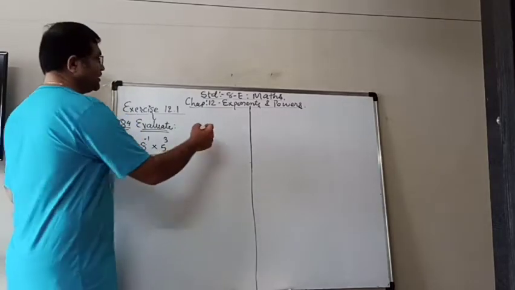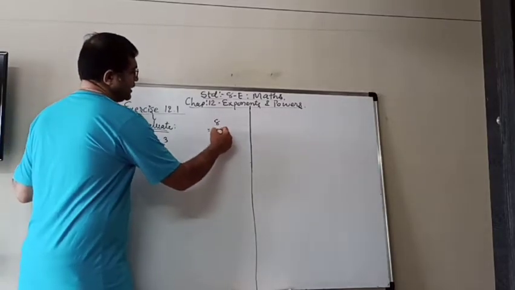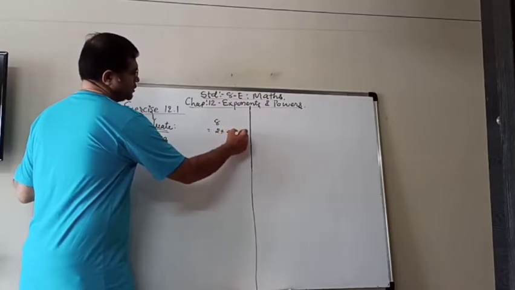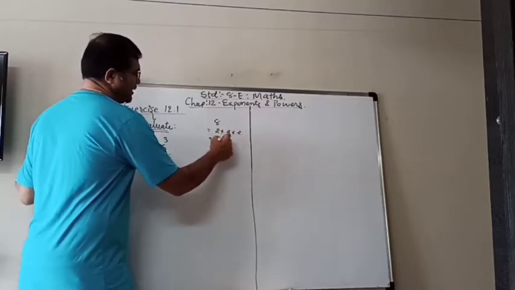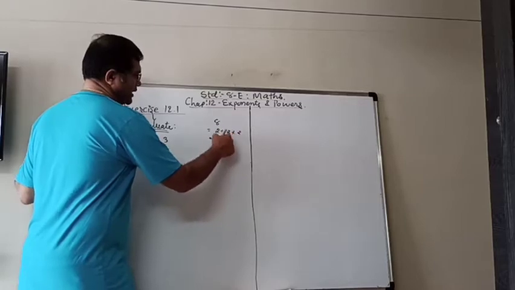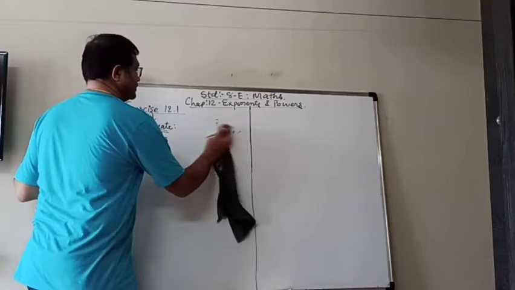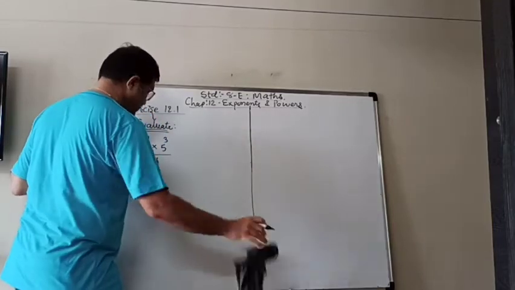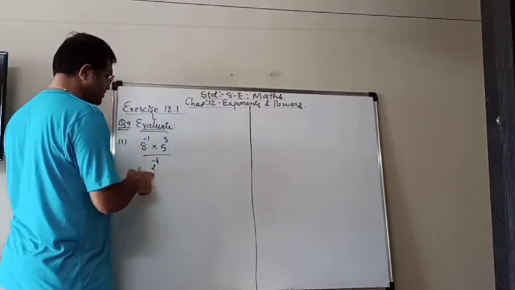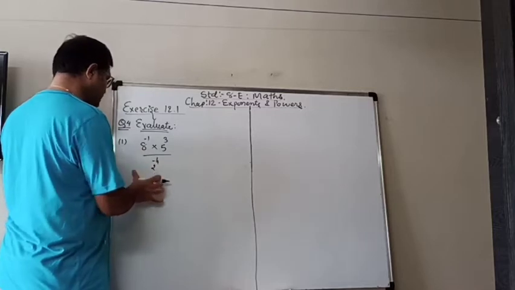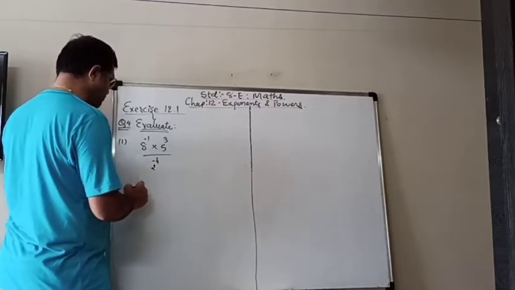So now you know that 8 is 2 2s are 4, 2 4s are 8. So in place of 8, I can write down 2 cubed. And therefore we know that there is 2 power here also, 2 base. So we can make them with the equal base to apply the law.